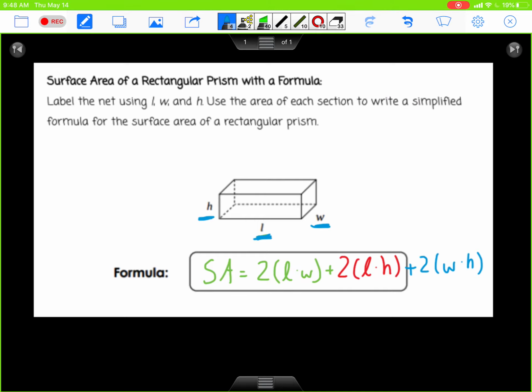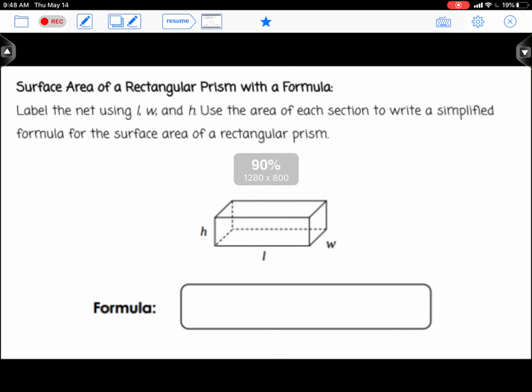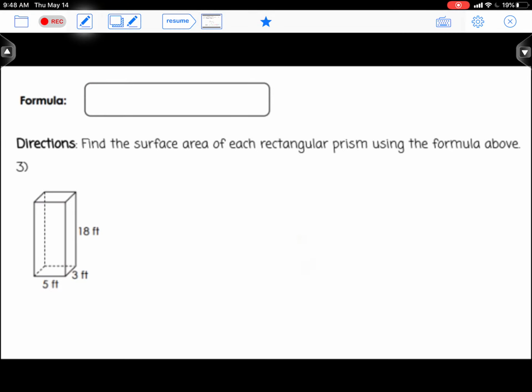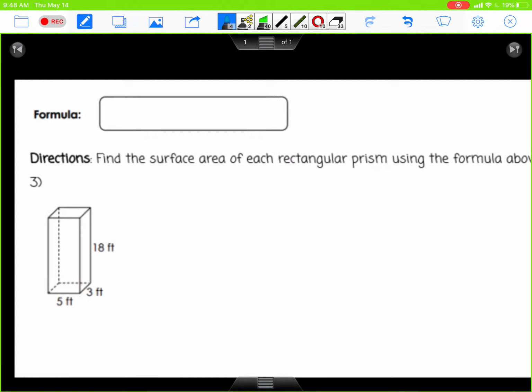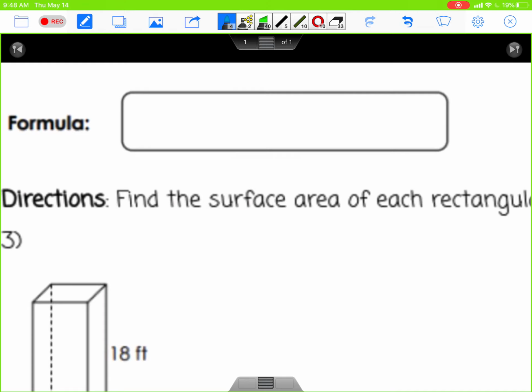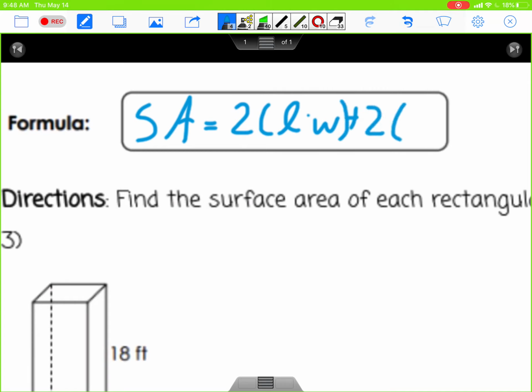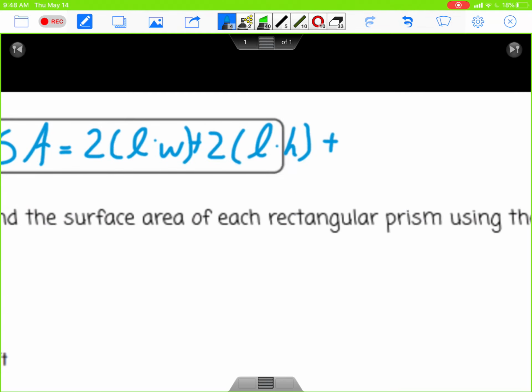Okay, going to the example. Don't forget to write down your formula each time so you remember. Surface area equals 2 times length times width plus 2 times length times height plus 2 times width times height.